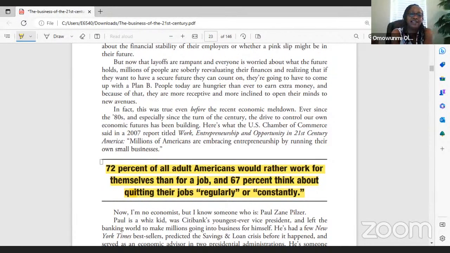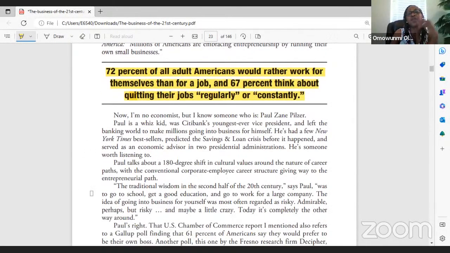I'm going to say that again. People are looking for what I have to offer. And what does this statement say? It says 72% of all adult Americans would rather work for themselves than for a job. And 67% think about quitting their jobs regularly or constantly.